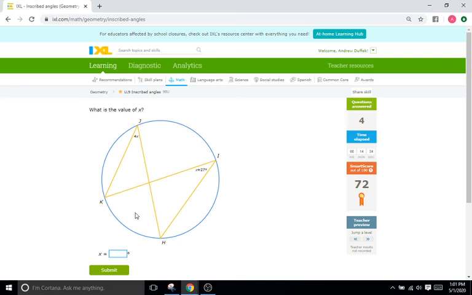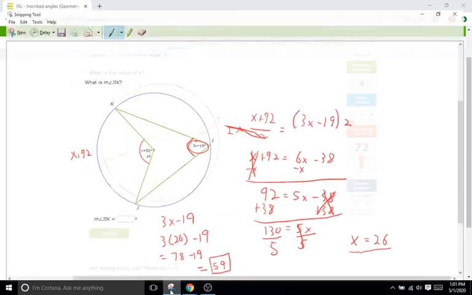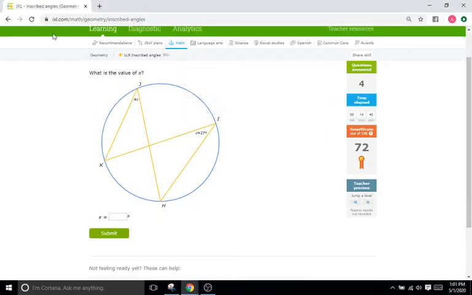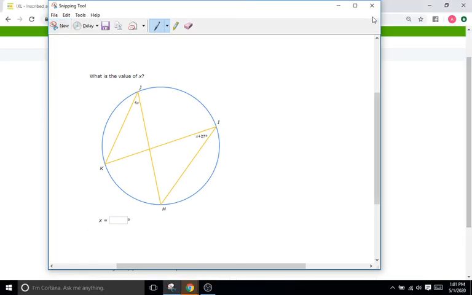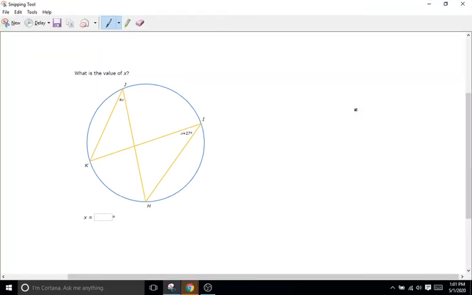Now let me do this problem. It's a little different from the last few we've seen here. What is the value of x? Again, it gives us different angles, but instead of giving us just straight angles, it gives us variables as well that we have to go through.